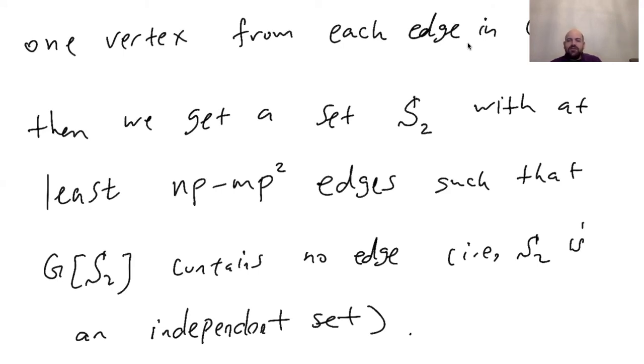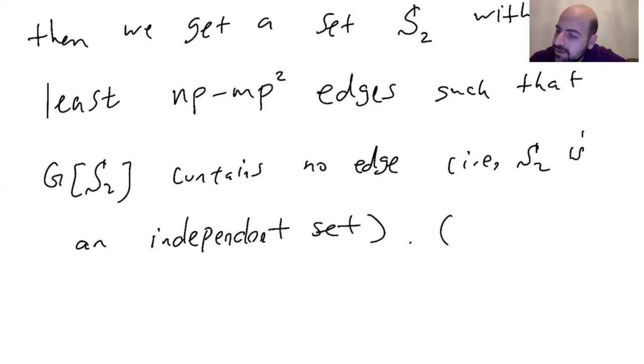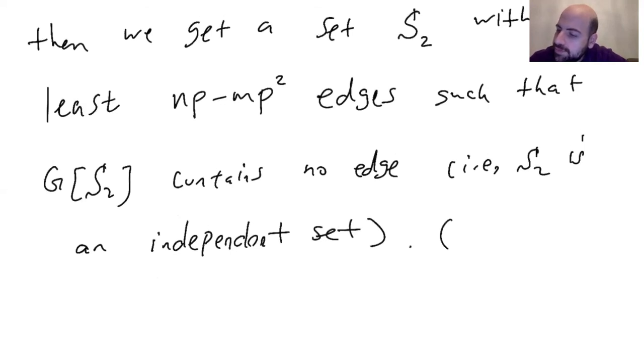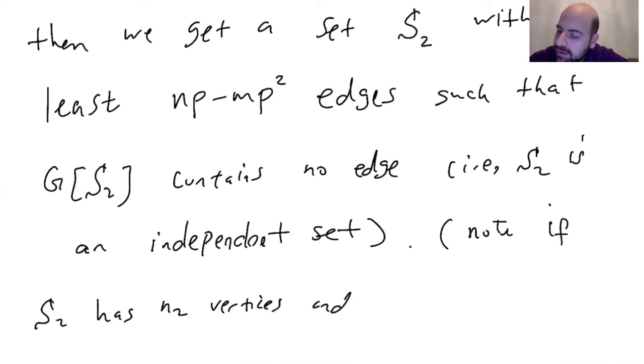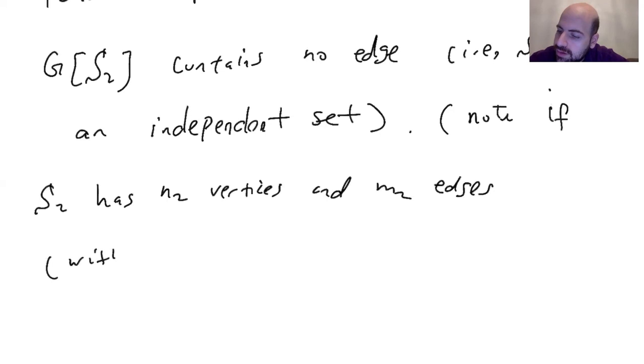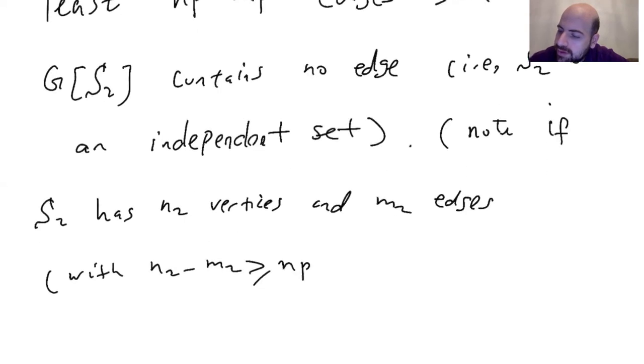I had 15 originally, so 15 minus 12, again, I'm left with 3. So I can also say, to justify this more formally, note S2, say if S2 has N2 vertices and M2 edges with N2 minus M2 bigger than or equal to np minus np squared.